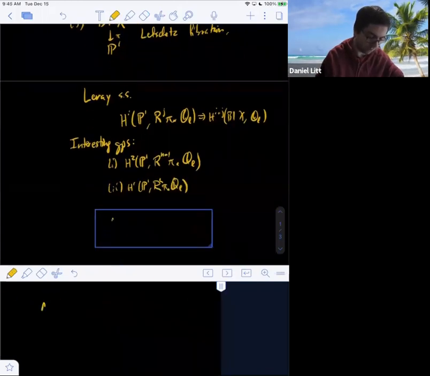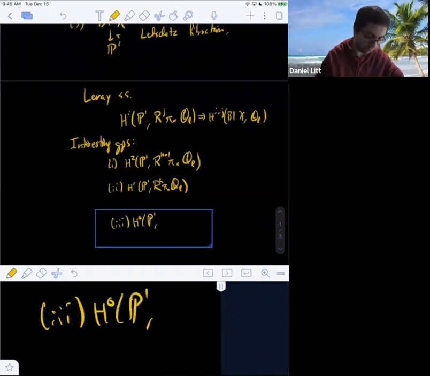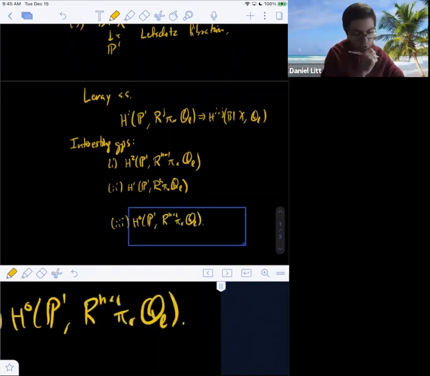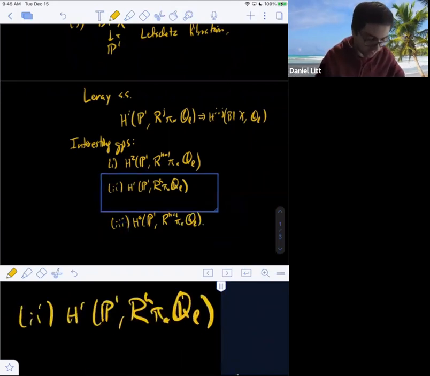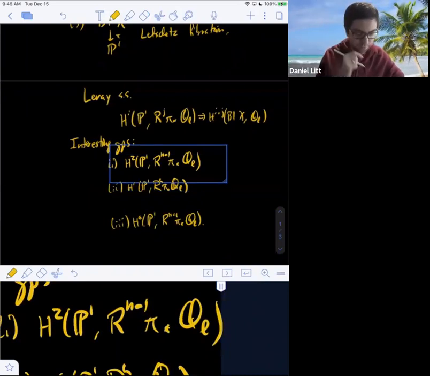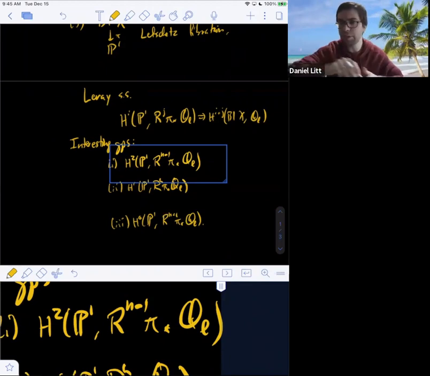And then finally, H^0 of P^1 with coefficients in R^{n+1} pi lower star Q_l. When I say these are the three interesting groups, I just mean these are the groups that are contributing to the cohomology we're interested in, namely H^{n+1} of the blow up. Are there any questions so far?